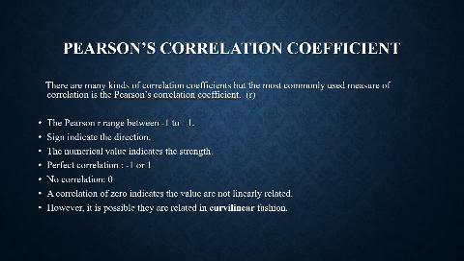The most commonly used measure is Pearson's r, which ranges from -1 to +1. The sign indicates the direction, positive or negative. The number indicates the strength. A correlation of r equal to 0 means no linear relationship, but variables might still be curvilinearly related.